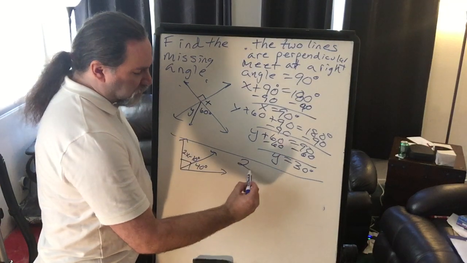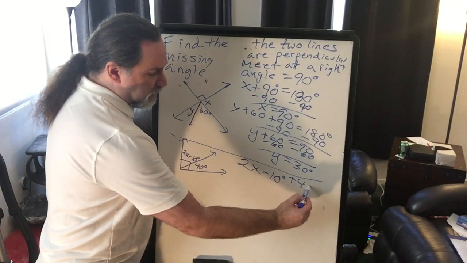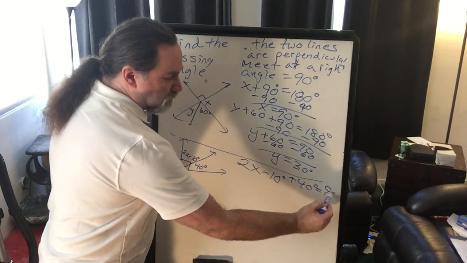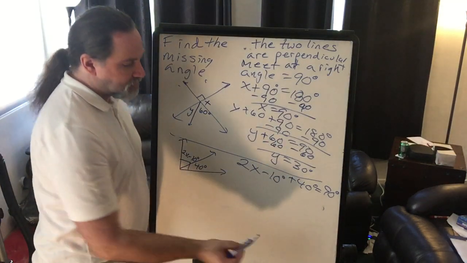So now we're just going to solve. We have 2x minus 10, that's this angle, plus the 40-degree angle, and that has to now equal 90 degrees, because that has to equal that little box. That's what it means.